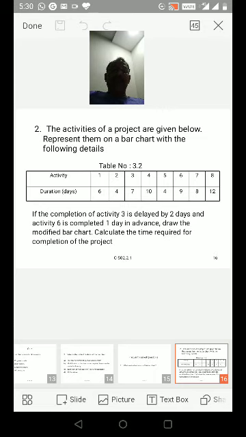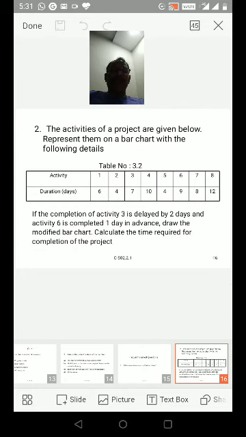Activity from 1 to 8, the table. Duration in days. So activity 1, duration 6 days. Activity 2, duration 4 days. Activity 3, duration 7 days. Activity 4, duration 10 days.